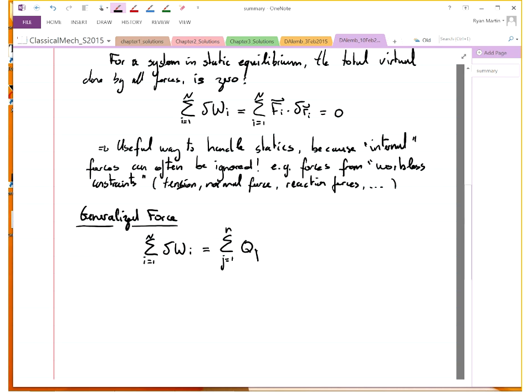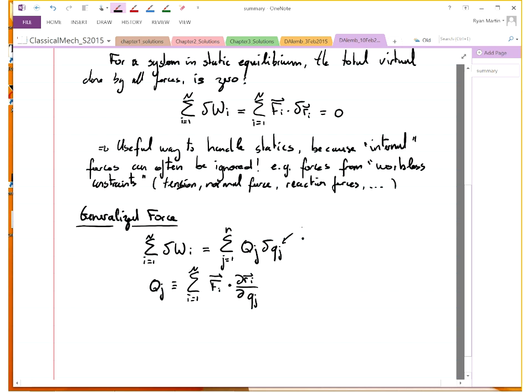And we found that we could write this as the sum of capital Qj times delta lowercase qj, where we introduced capital Qj as the sum from i equals 1 to capital N of the vector Fi dotted with the vector di Ri by di qj.